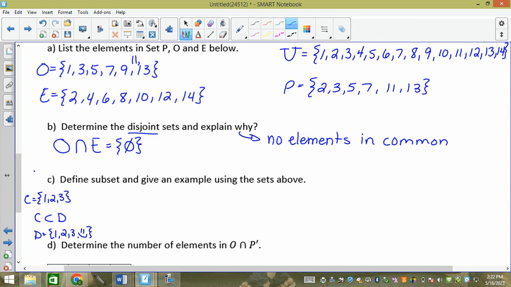So which one of these are subsets? People often forget there's something called the universal set sitting up there. So O is a subset of the what? And E is a subset of the? And P is a subset of the? And actually, all of them are subsets of what?